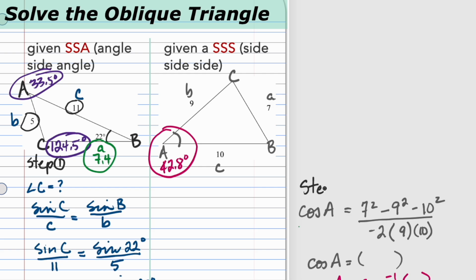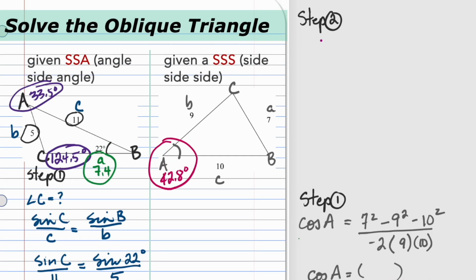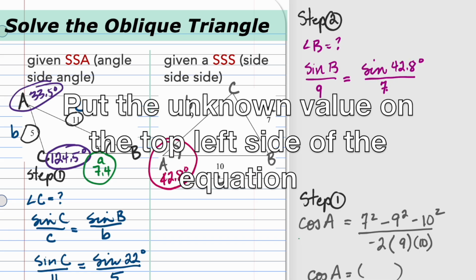I'll just make some room up here. That was step 1. Step 2, we'll find out angle B. Sine of B divided by side length B, which is 9, is equal to sine of A, we'll put 42.8 degrees, over side length A, 7.